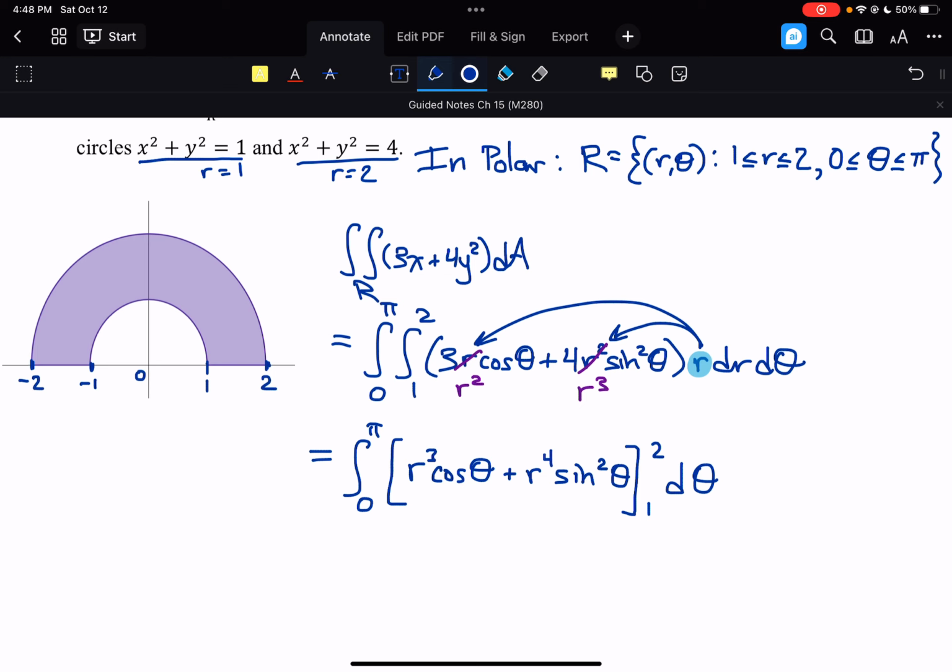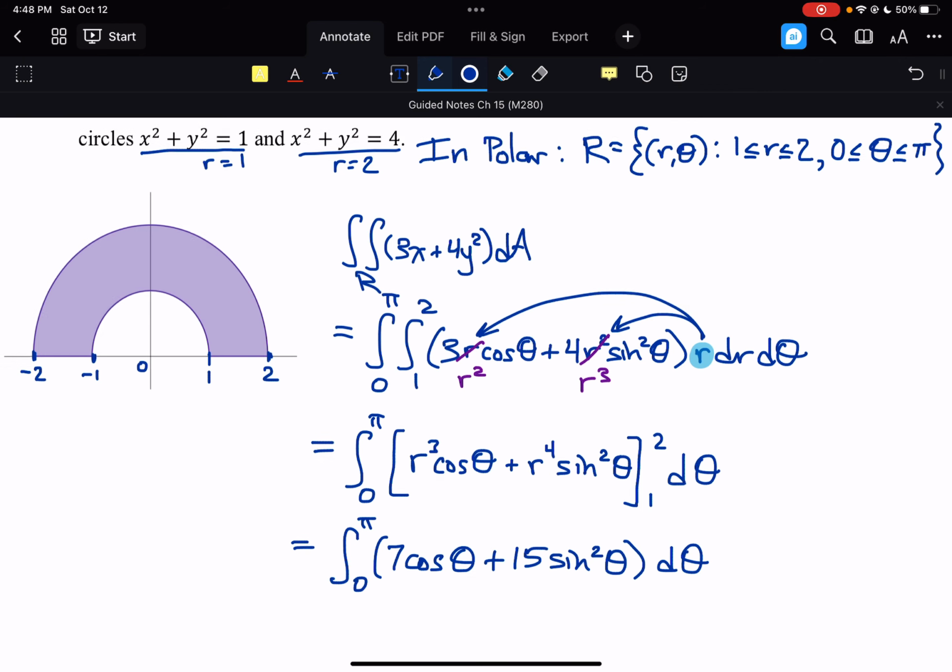The thetas are treated as constants because they are not being integrated at the moment. So I get the integral from 0 to pi. With 2, that's going to be 8 cosine and 16 sine squared, minus 1 cosine and 1 sine squared. So that's 7 cosine theta plus 15 sine squared theta d theta.